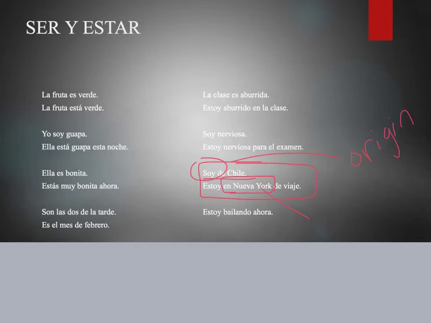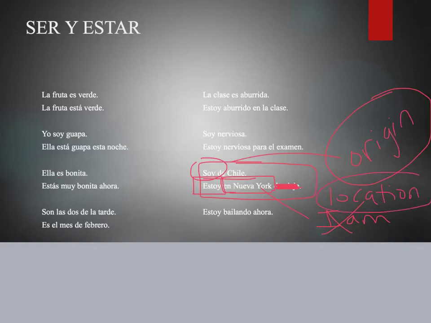But here, even if I didn't have the words de viaje, I would still know that estoy en Nueva York is different from where I'm from. Estoy here is where I am at the moment. So I am in New York versus I am from Chile. So here we have an example that this shows origin and this would show location.